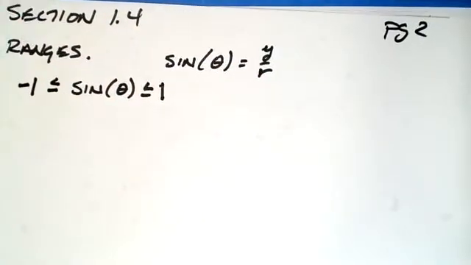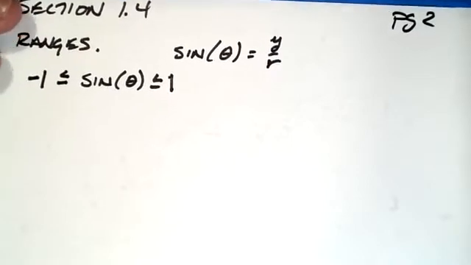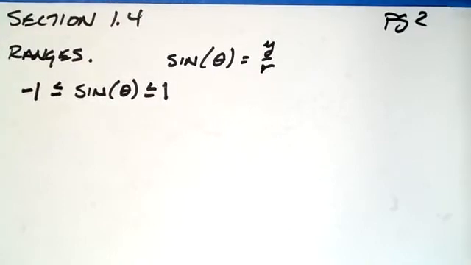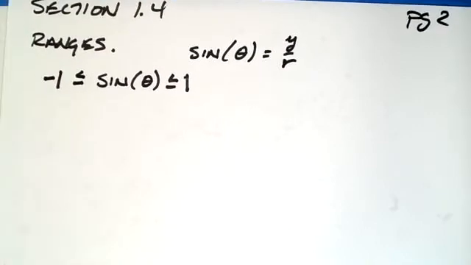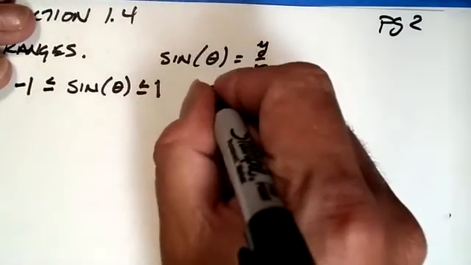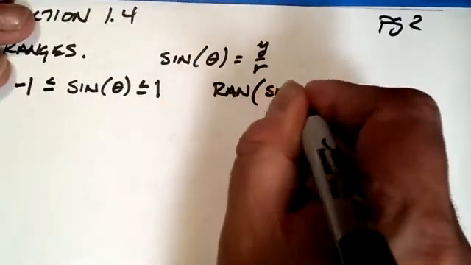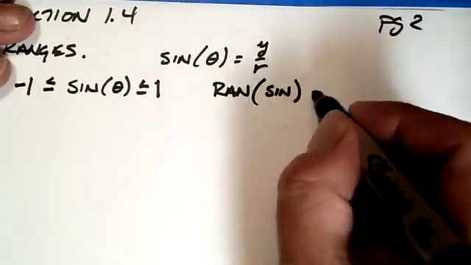Now, I'll use some notation that maybe you're not familiar with, but it's a little bit of shorthand. If you imagine that you have a function of functions, and I'll use this repeatedly so that you get more familiar with it, this RAN function takes functions and spits out their ranges.